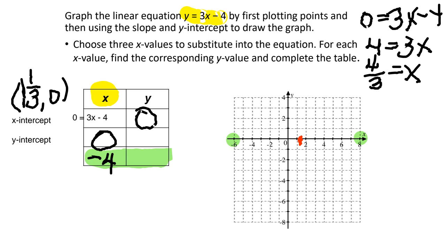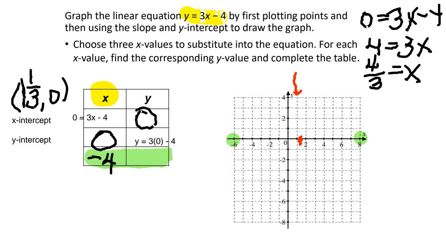Well, if I use the second one, which is my y-intercept, this is saying y equals 3 times 0 minus 4, which means that my y-intercept is (0, -4).